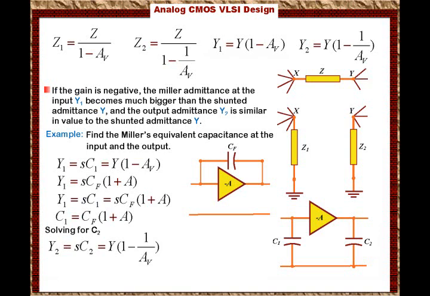And when we substitute for AV, this will equal S times CF times 1 plus 1 over A. So it is obvious that the S's will cancel out, and then what we have is C2 will equal CF times 1 plus 1 over A.